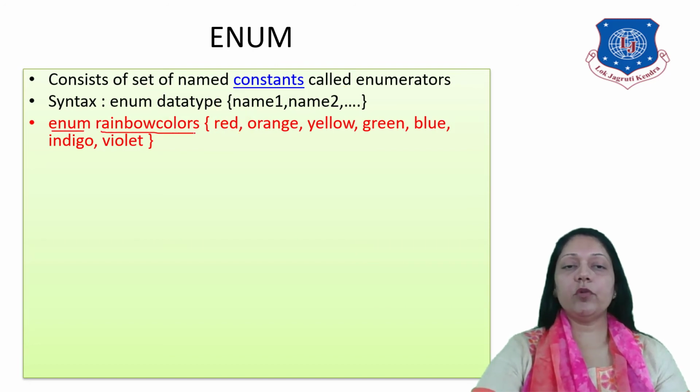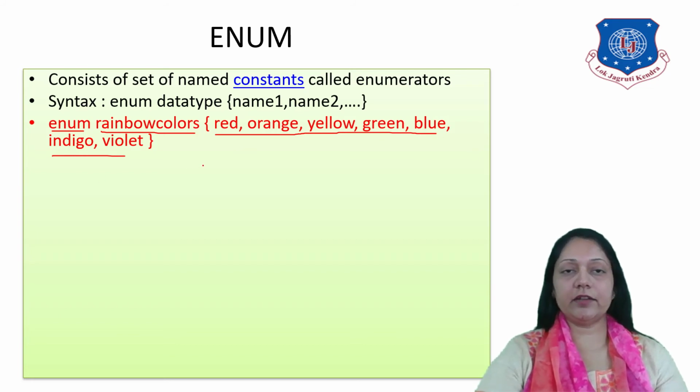Enum rainbow colors. So I've created a new data type which is rainbow colors, and inside braces I've given a few names of the colors: red, orange, yellow, green, blue, indigo and violet. This data type can only hold the possible values mentioned in the braces.